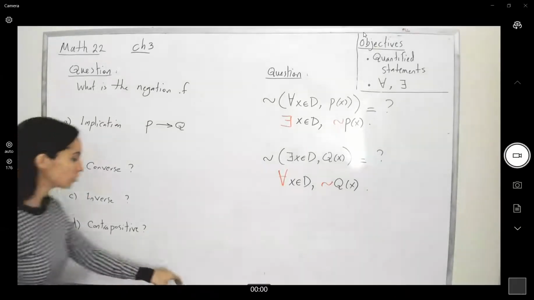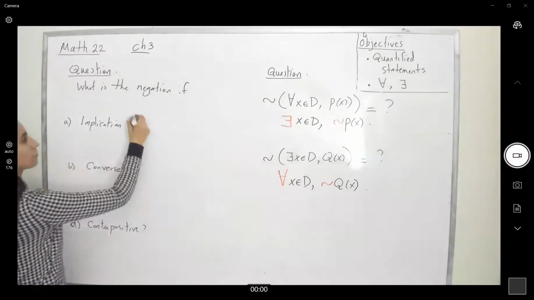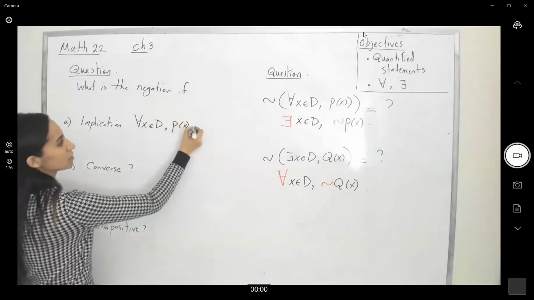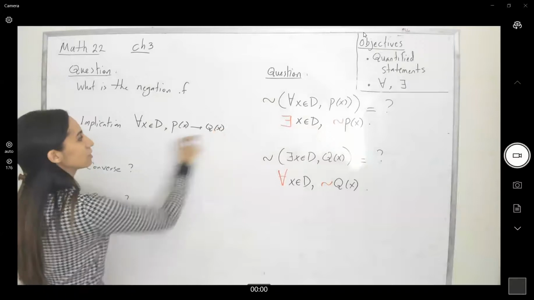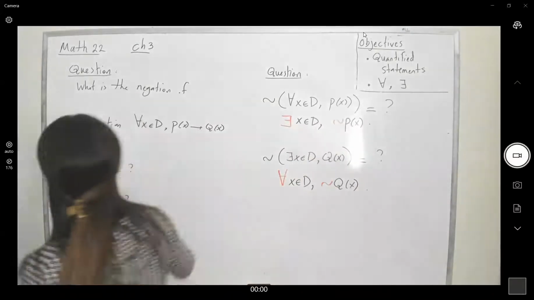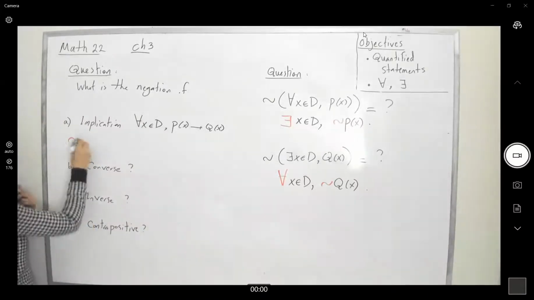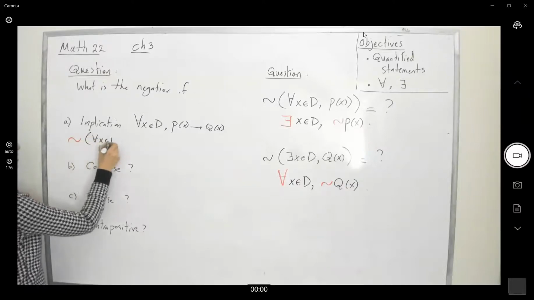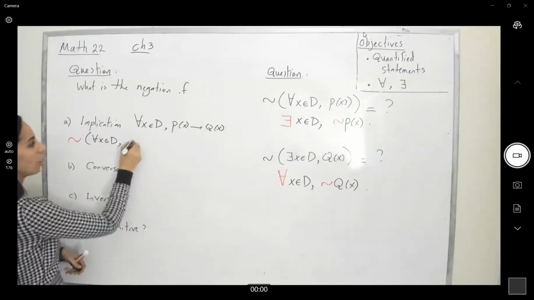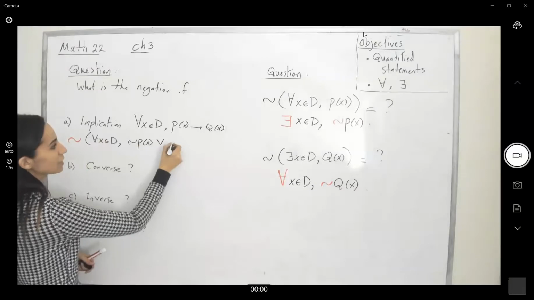So, what do we do? Here we have implication. Implication means, hey, we have for any x in D, Px, then Qx. Well, to find the negation, you have to negate the whole thing. So here you have the negation of for all x in D, Px, then Qx, which is written as not Px or Qx.